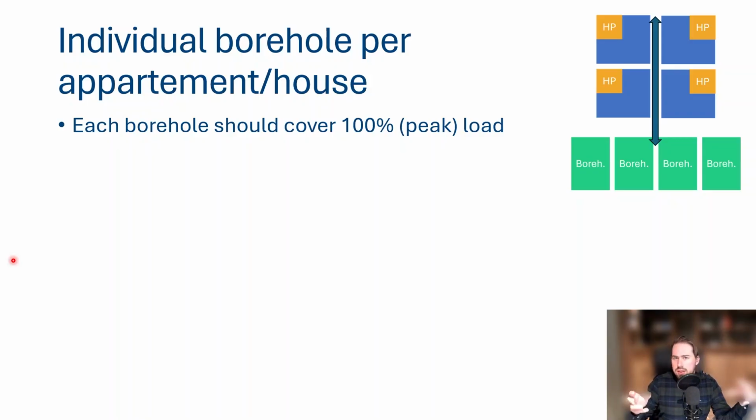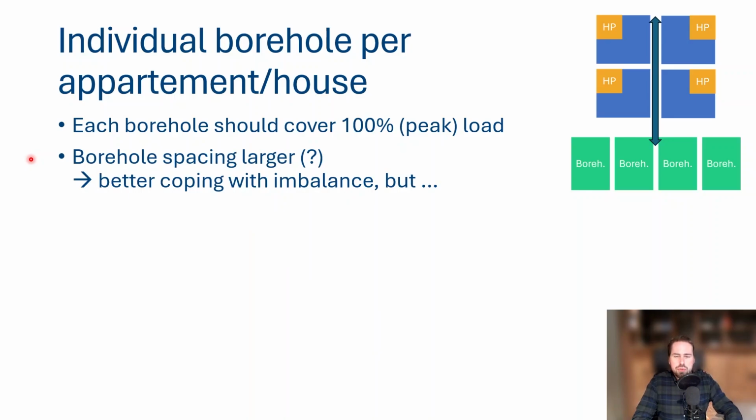Now, the consequence of this design choice is that each borehole, each borefield, should be able to cover 100% of the peak load of its building. But in general, when you have these individual systems, the borehole spacing is also typically larger, which, as we discussed 2 weeks ago, makes it easier to cope with imbalance.